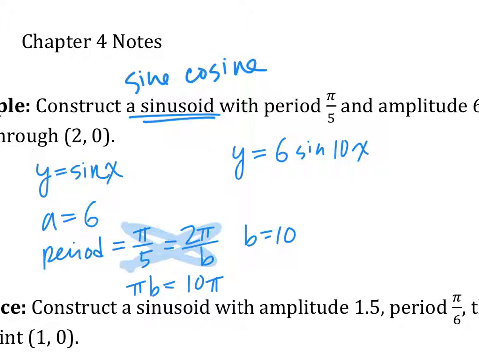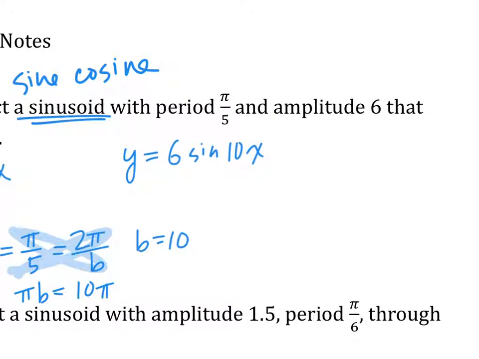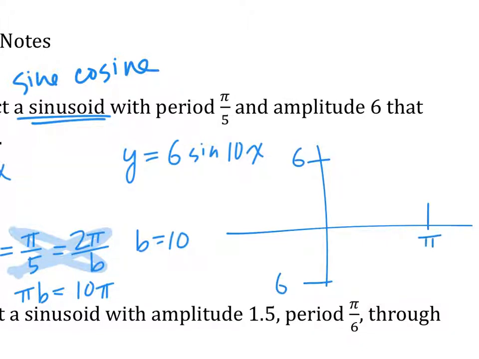But the last requirement is that it has to go through 2, 0. So this graph has to touch 2, 0. The question is, does it touch 2, 0 right now? Well, let's see. Basically, if we just graph this right now, it looks like this.